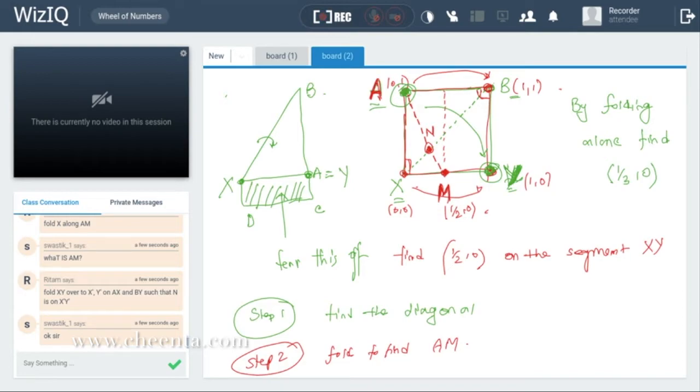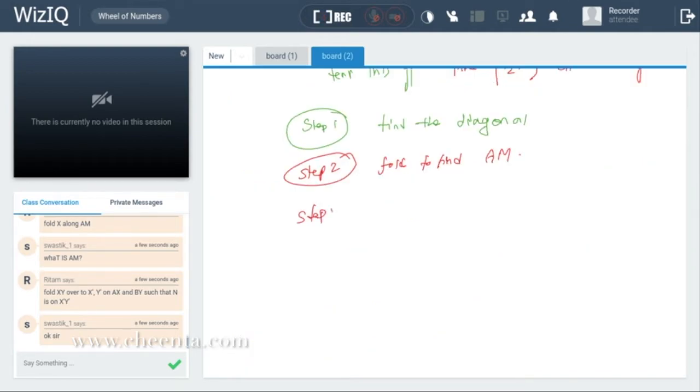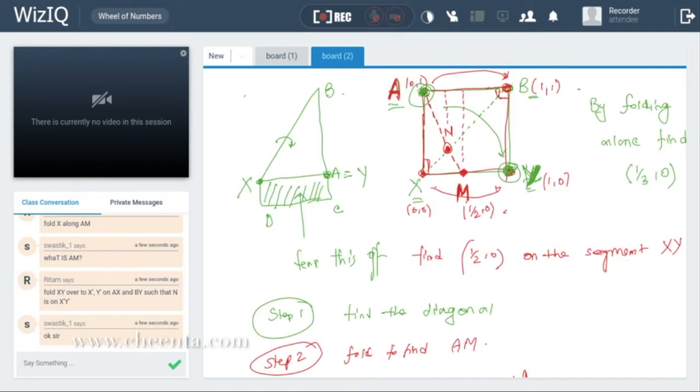Okay, that we can do, or it is same as saying that fold AX across N, which in this case will be a little bit more appropriate. Fold AX across N, so that you can get a crease like this.